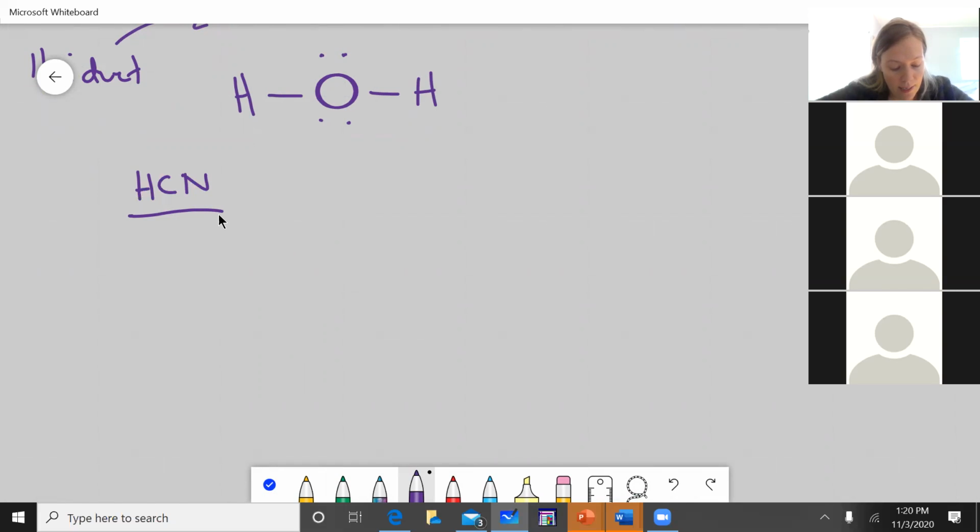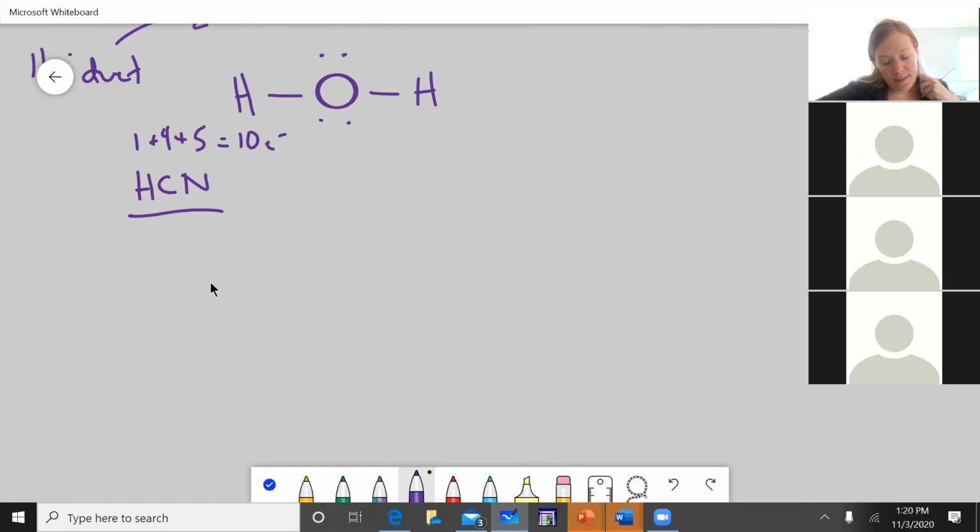So in this one, I get to have one from the hydrogen, 4 from the carbon, 5 from the nitrogen, for a total of 10 electrons.